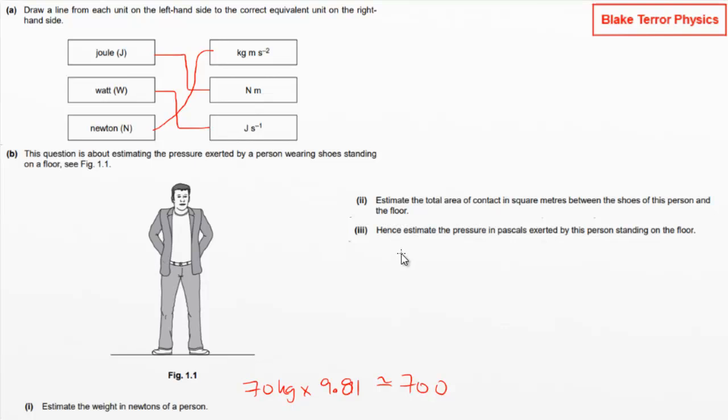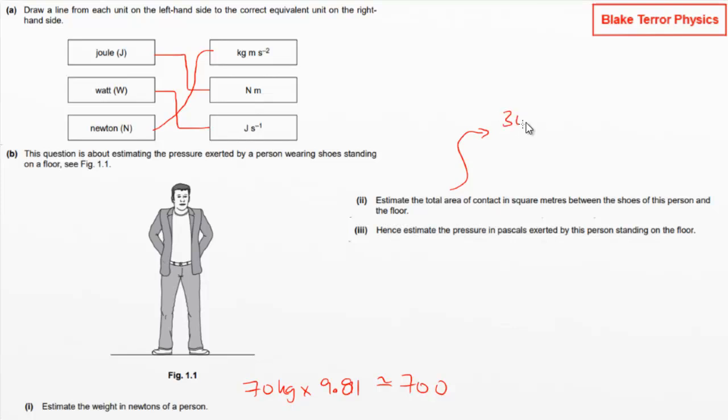Estimate the total area of contact in square meters between the shoes of this person and the floor. Let's say a foot is about 30 centimeters long and maybe 5 centimeters wide. I don't know really.